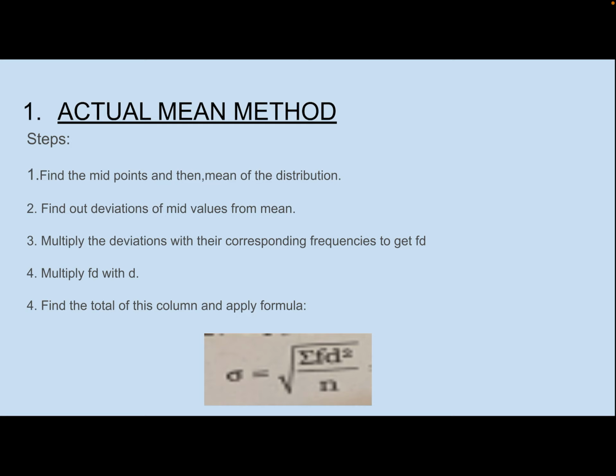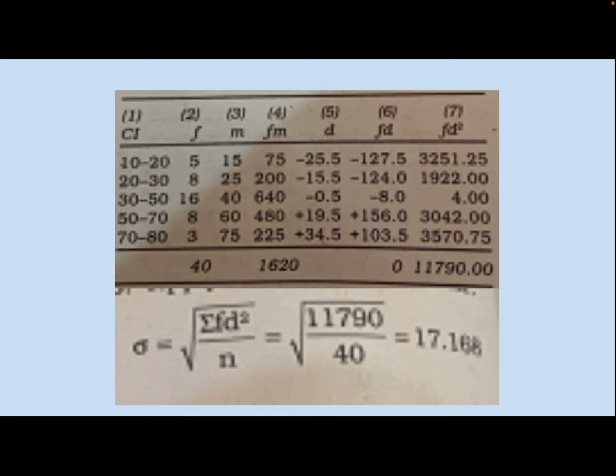Finally, you will multiply the FD column with the D column to get FD square. Find out the total of this last column, FD square, and simply apply into the formula sigma FD square upon n under root. Now here, students, n is not equal to the number of observations, n is equal to the total of frequencies.